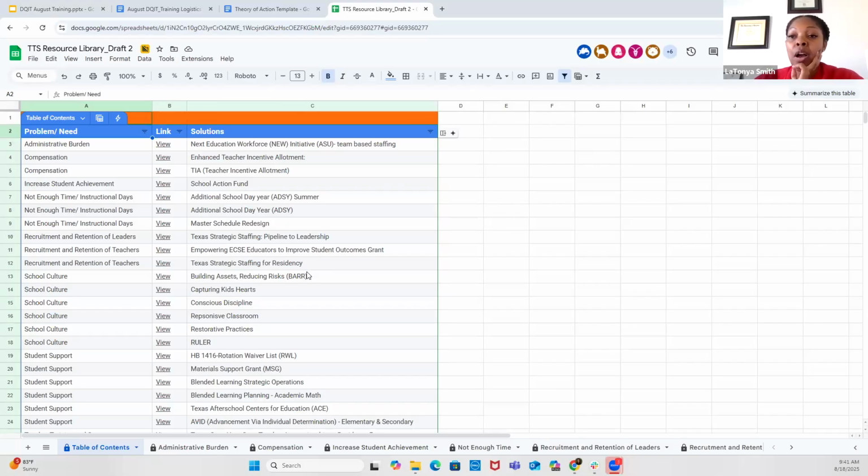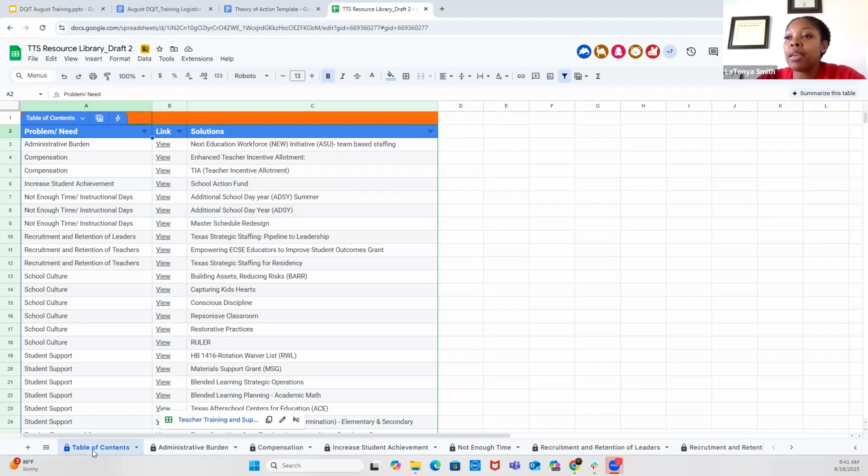When we've talked about strategy, this library is a host of different strategies that you can use in response to the problem you're experiencing in your district, and then we have solutions that are offered. I'm just going to walk you through this library. Feel free to stop me to ask questions.